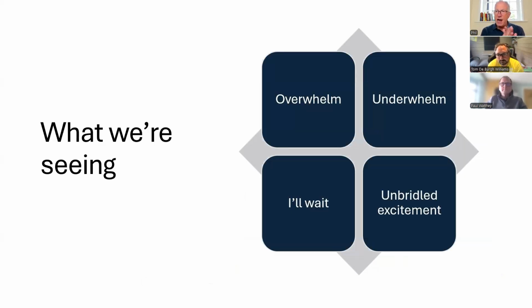So when it comes to AI and financial advisors, what we're seeing is four things. A certain amount of overwhelm, because there are so many AI tools that are now available for financial advisors to use. And when I look at the conversations in Life Talk, I can see a lot of advisors asking, what's the best note taker, or what's the best one for doing this, and what's the best one for doing the other.